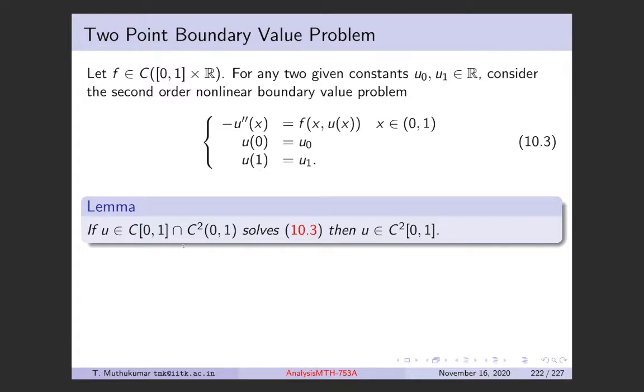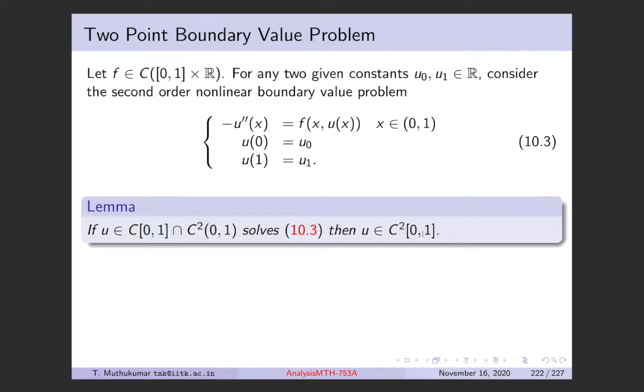So in this lemma, we are going to show that this is the minimum requirement for any function to be a solution to this ODE. It has to be twice differentiable, and u should be continuously extendable to the endpoints. Whenever u belongs to this space and is a solution to this ODE, then u is actually C2 of [0, 1].